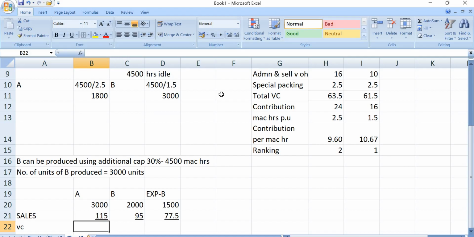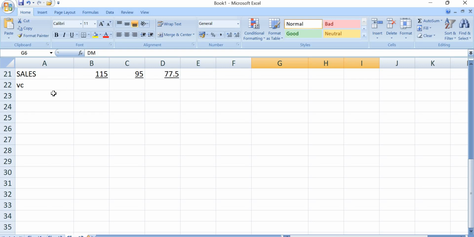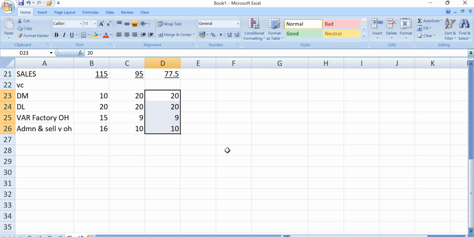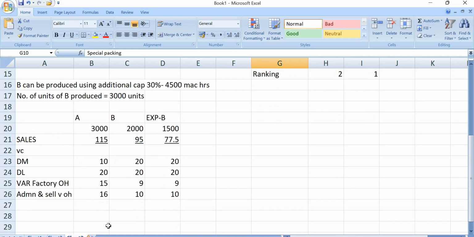For variable cost, I will be incurring the same except special packing. So I'm using simple copy paste here. For B, I'm repeating. The special packing charges is only for this export order, so only for this I'm including.